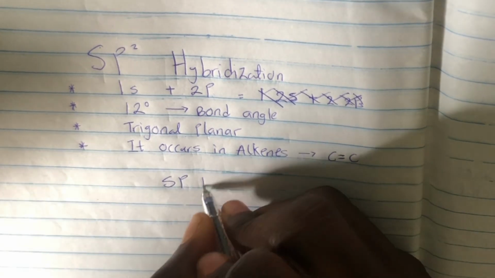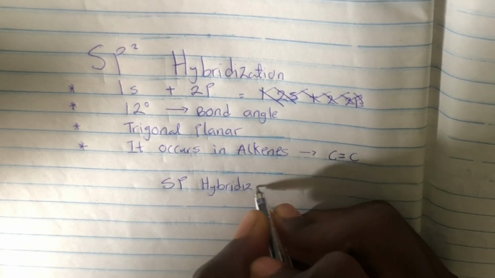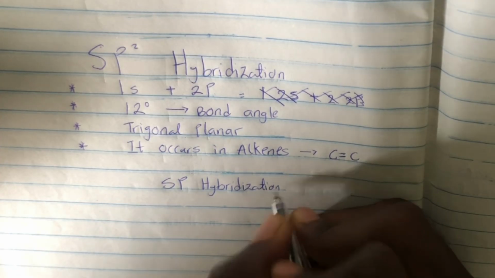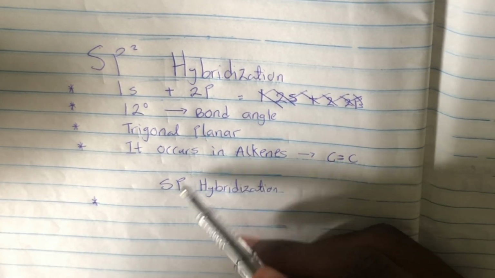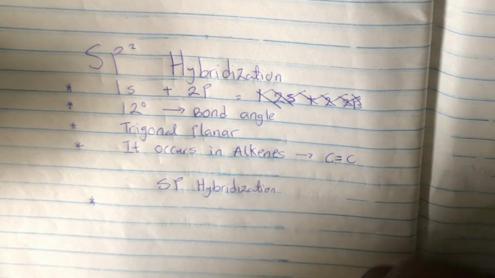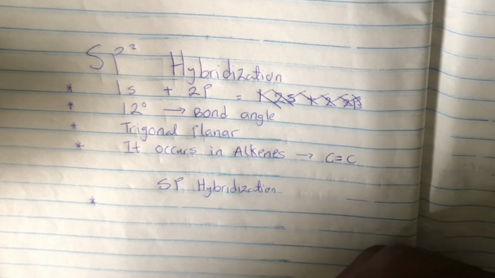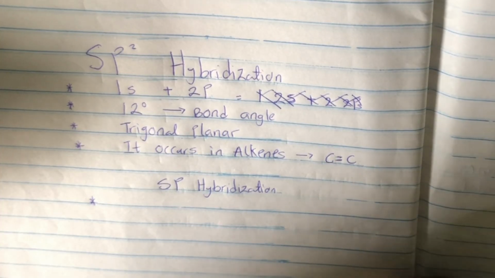So let's briefly talk about SP hybridization also. What you should note about SP hybridization: 1s and 1p. It's not like SP3, which is 1s and 3p, or SP2, 1s and 2p. SP is just 1s and 1p.